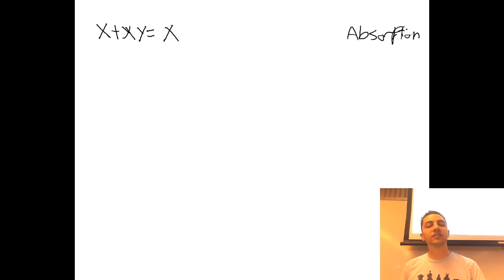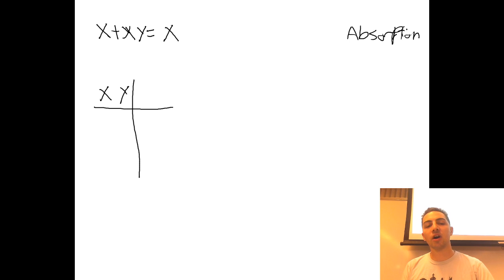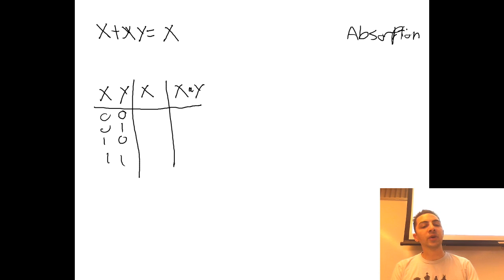Well, consider for a moment the truth table for that, because most of these can be proven pretty simply just by drawing out the truth table. If we look at x, well, that's just copying directly from that column there. If we look at x AND y, it's going to be true only where both of them are true.